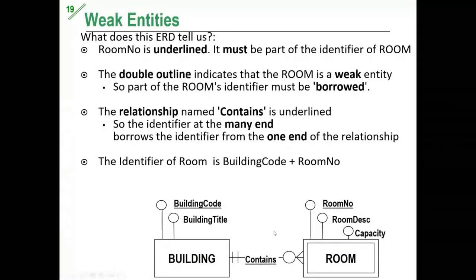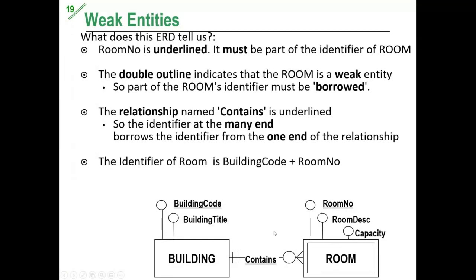So if you go through this diagram, this is the final version. There is a lot of information actually told in this diagram. So we can say the building code is underlined, so that means that's the identifier of the building, as well as it's partially helping the room to define its identifier as well, because the relationship is underlined, right?